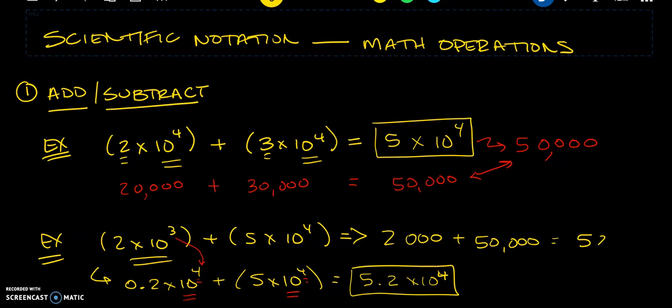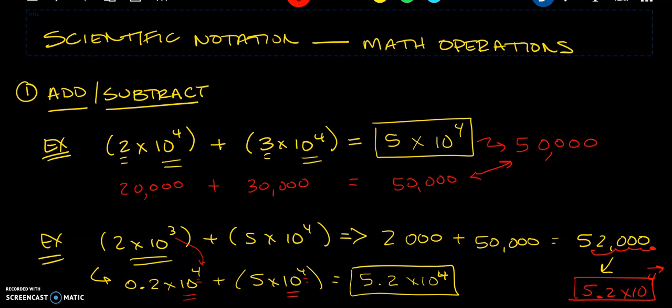Well, that's 52,000. What's 52,000 in scientific notation? The decimals here, 1, 2, 3, 4. That's 5.2 times 10 to the positive 4th because I need to go back to the right to get back to my decimal in standard notation. So look at that.